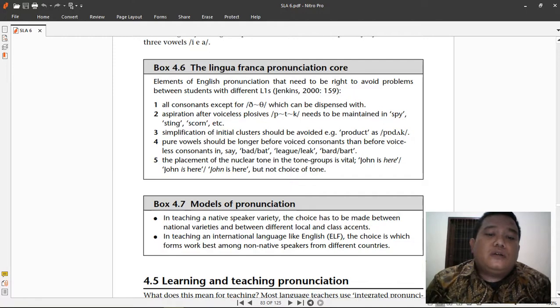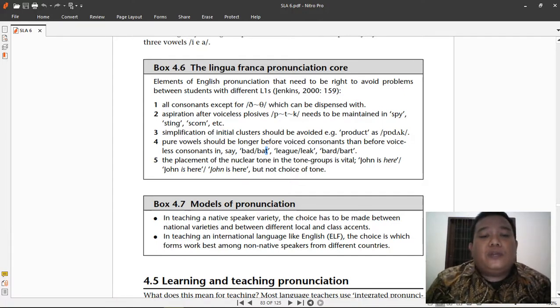this word bad, the D sound, it is a voiced consonant. Okay, voiced consonant. While in the other one, bat, the T sound is a voiceless consonant.